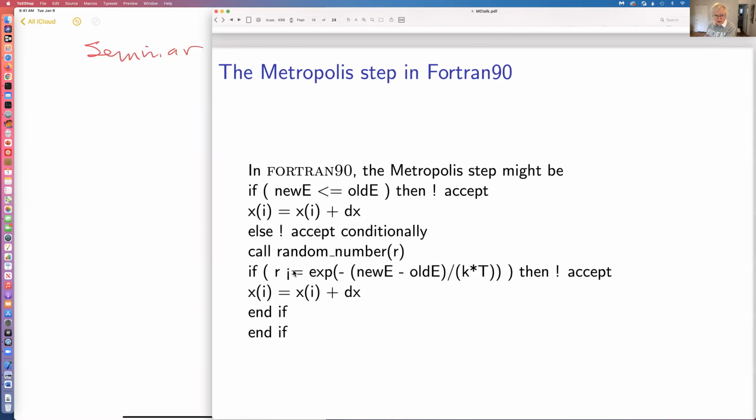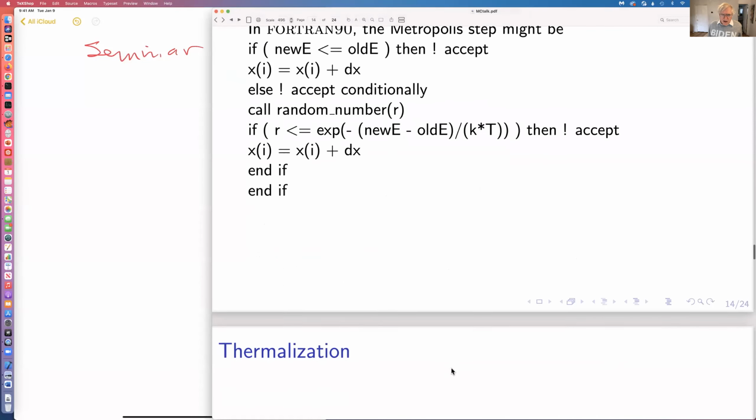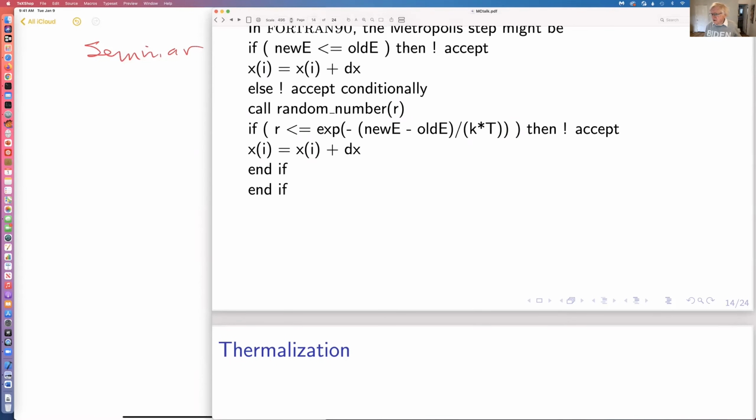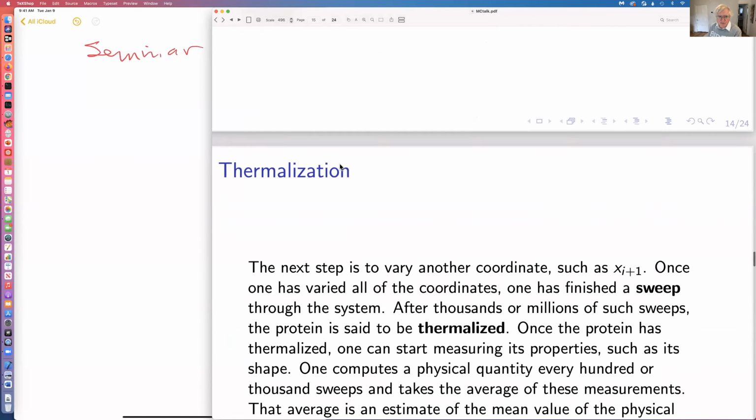So let me see if I can fix this. Now, actually, let me fix that r .le. This would be the Fortran 90 description.